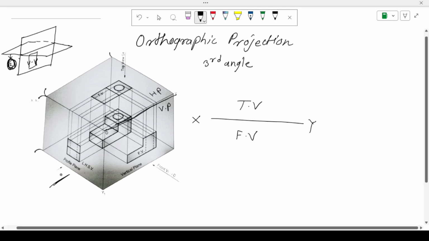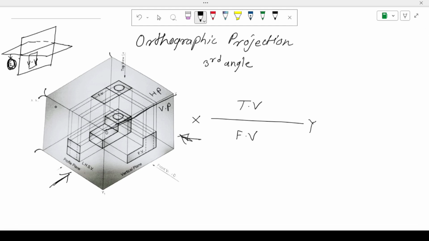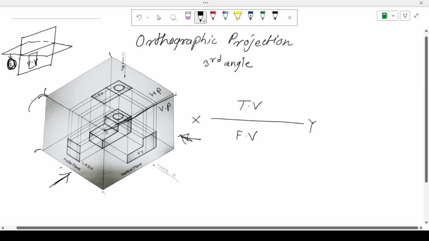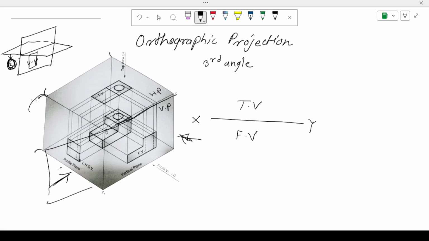This is my left hand and this is my right hand side. The left hand side view is formed on a profile plane. When this profile plane gets rotated, it comes here, beside the front view.